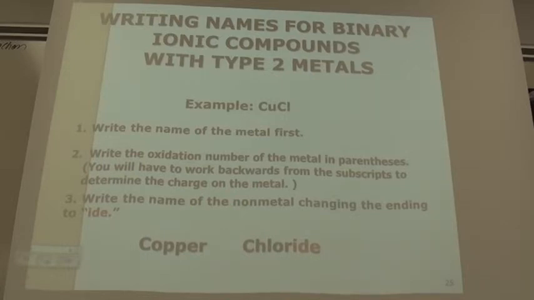You can skip all of this part because this is the same as uncrisscross. So all you have to do is uncrisscross to figure out what the Roman numeral is.